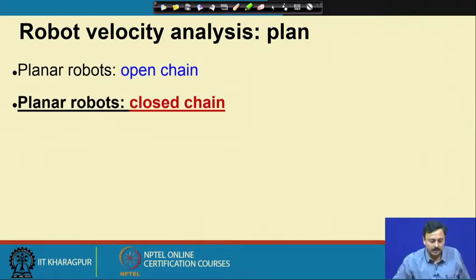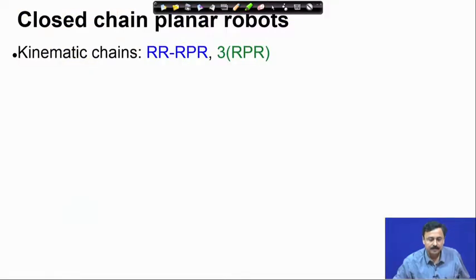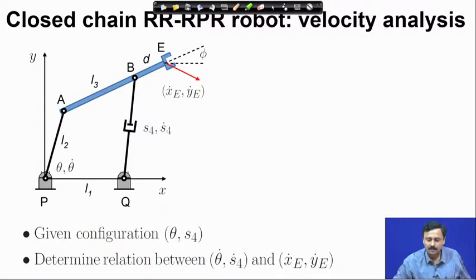So, in this lecture we are going to look at closed chain planar manipulators, and discuss the 2 RPR and 3 RPR chain. So, let us begin with the 2 RPR planar closed chain robot.